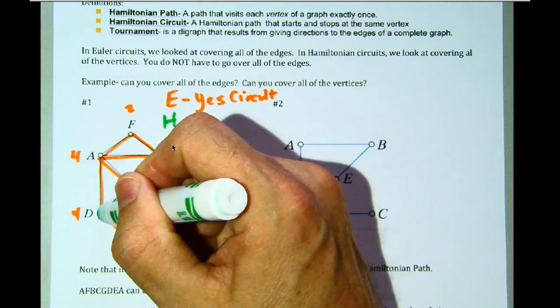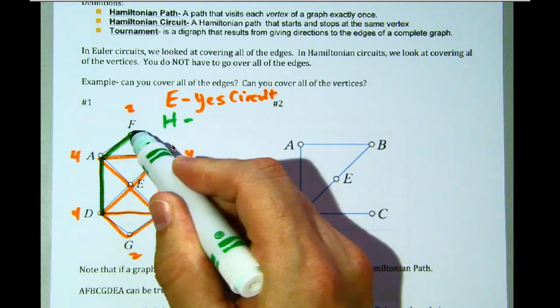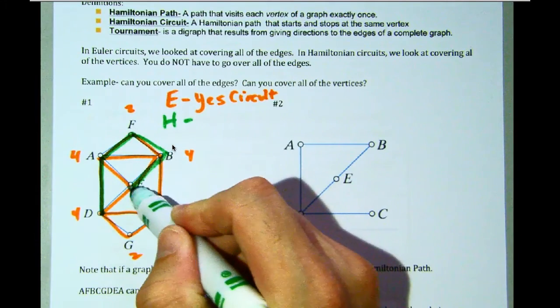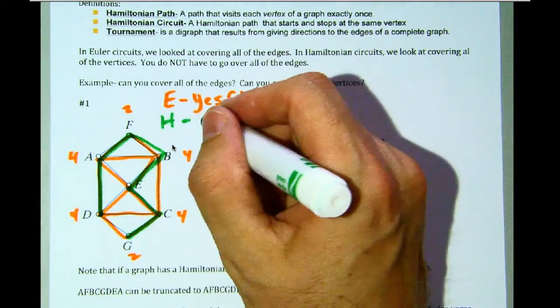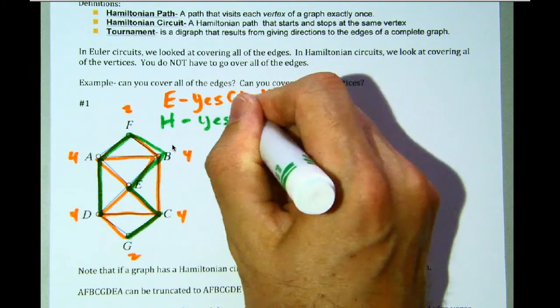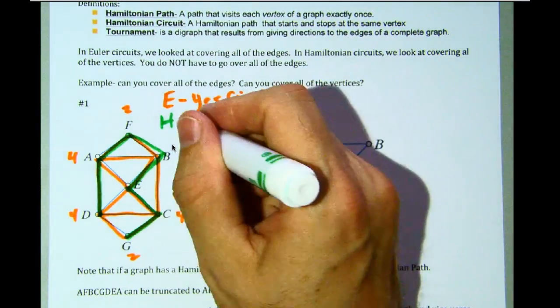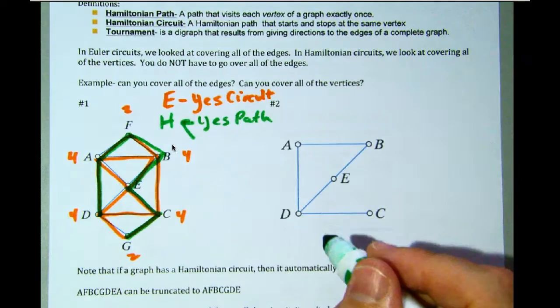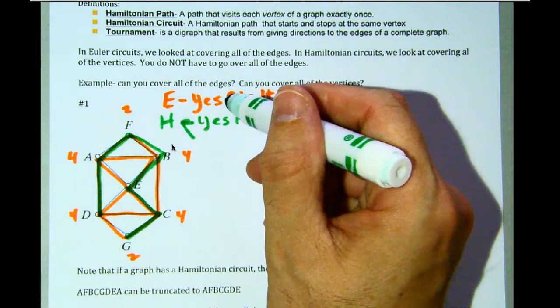So if I start here, I can go to A. Now, if I stop right there, that would be a Hamiltonian path. What's different about Hamiltonian is that it can be yes to path and yes to circuit. With Euler, it was one or the other.